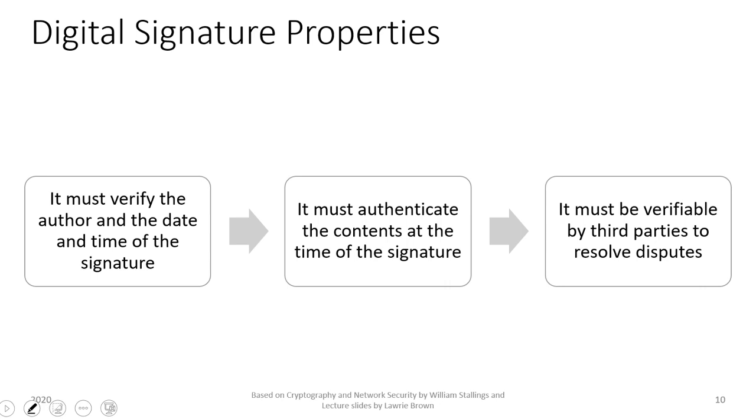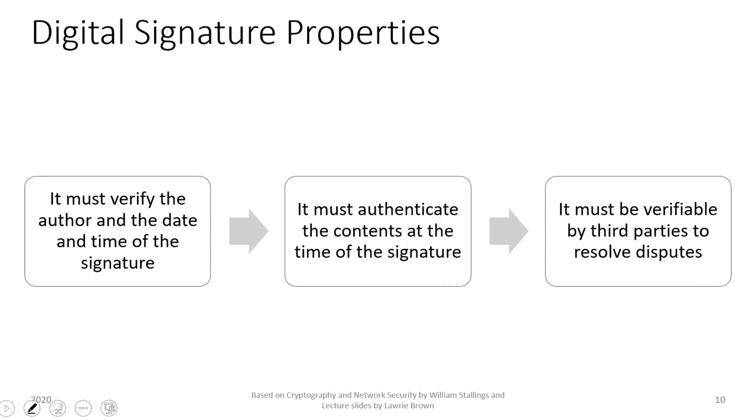And it should also be verifiable by third parties. So, not just the sender and the receiver can verify, any third party should also be able to verify, because the verification is happening using the public key, which can be known to any third parties. So, even the third parties can do the verification on behalf of the receiver.